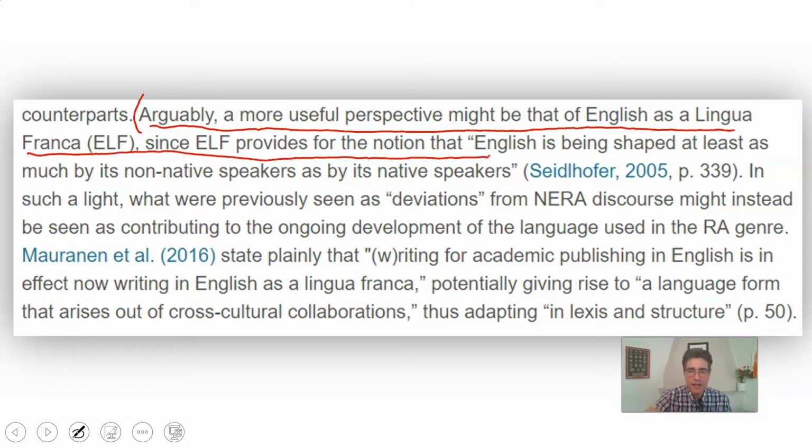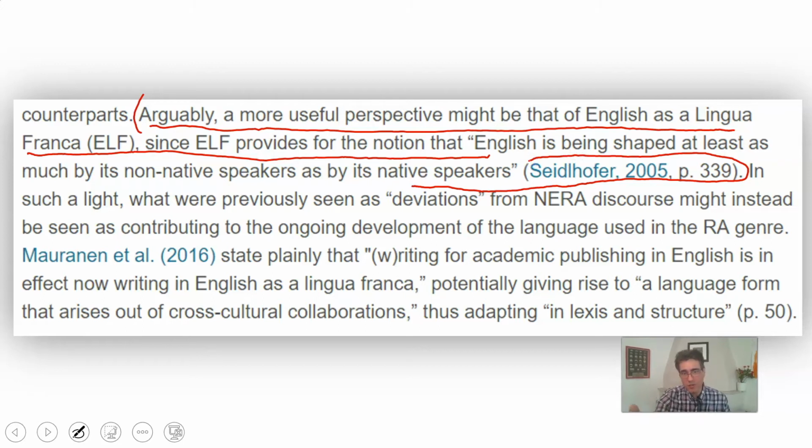And I finish that claim with a kind of warrant, which is English is being shaped at least as much by its non-native speakers as by its native speakers. It's a claim, but the claim is strengthened by the fact that I've directly included someone else's voice in that claim, which is Seidelhofer.